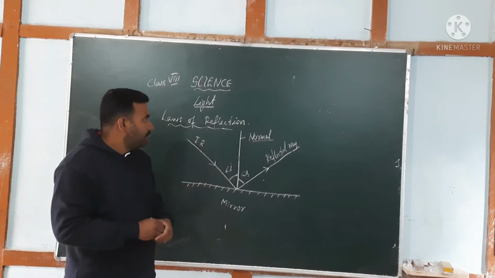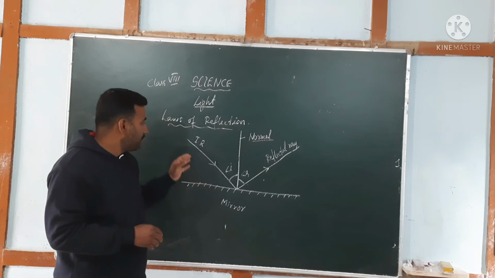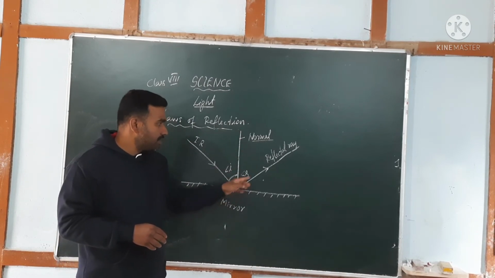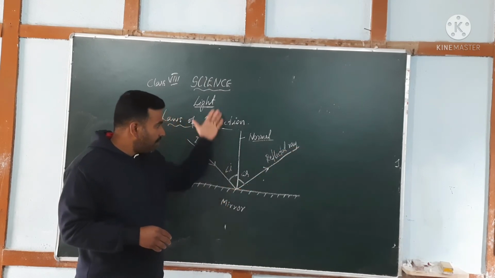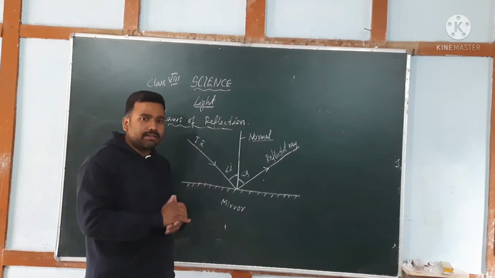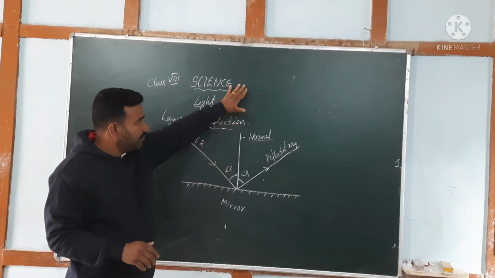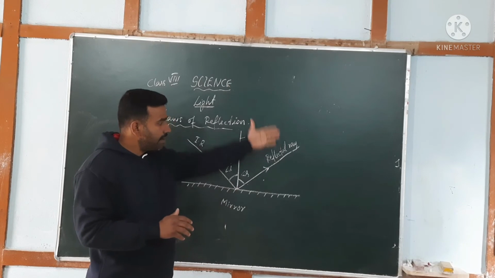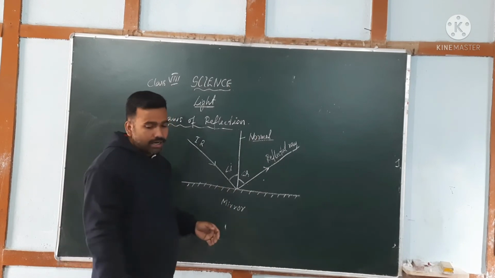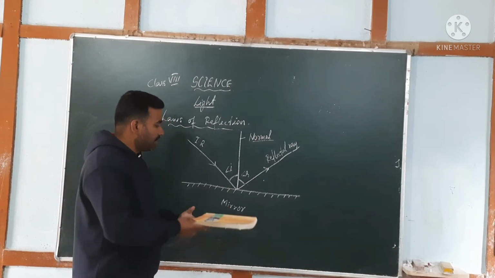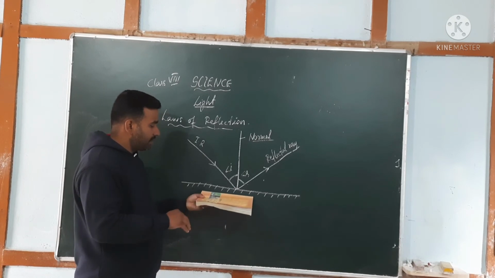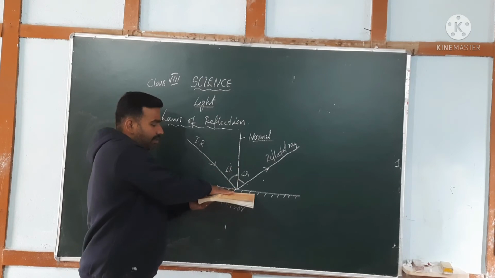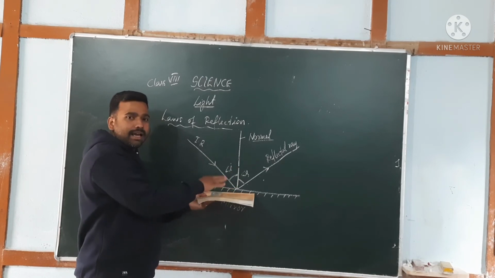And the second law of reflection says that the incident ray, the normal at the point of incidence, and the reflected ray all lie on the same plane. Here, if you look at the board, the surface of the board is a single plane. If I keep this textbook like this, the surface of the board is one plane and the surface of the textbook is another plane.